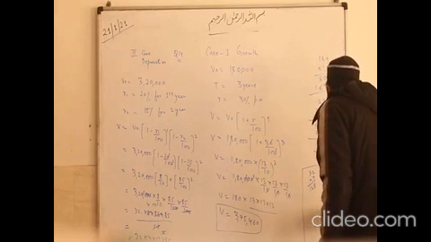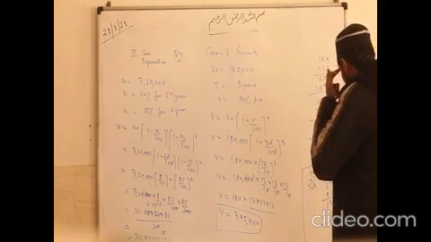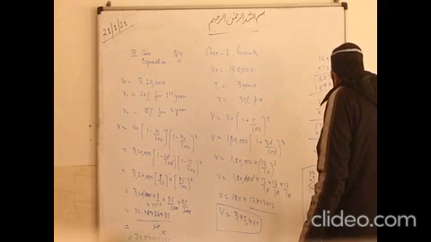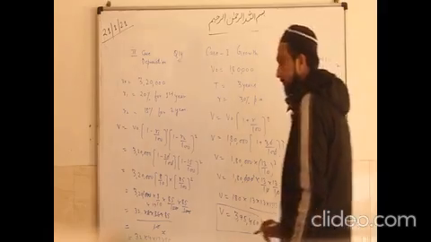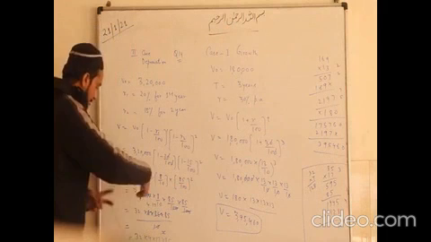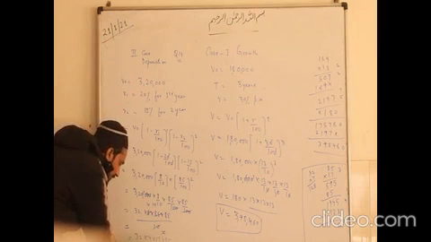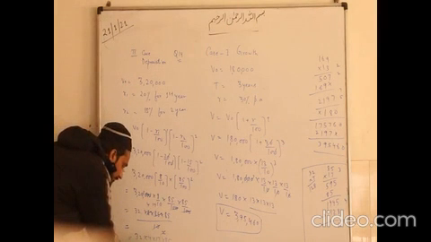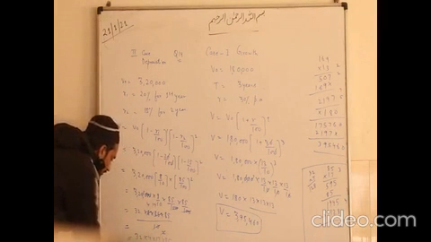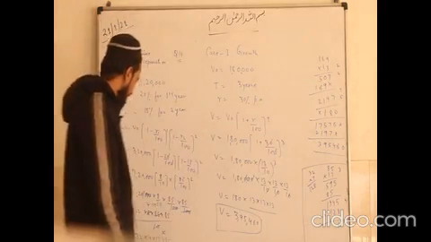Now multiply this, so the final value will come. 1,4960. This is the final value that we are getting by multiplying all these things.